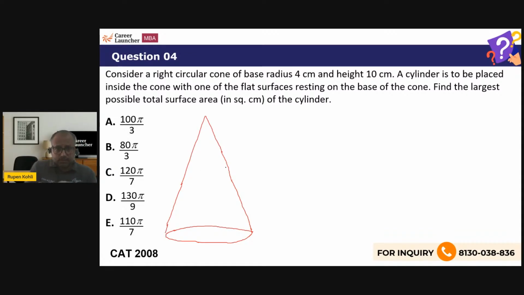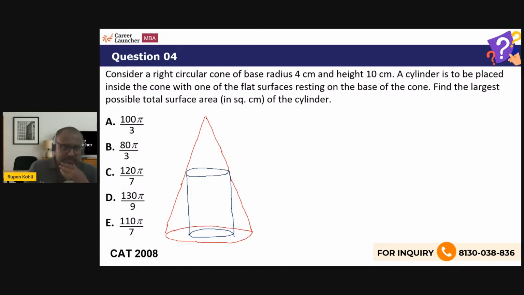The cylinder would be touching the cone from inside, but where I'm placing it can vary, so there'll be different such cylinders. We have to consider the one which will maximize the total surface area. Obviously, that's a question best left to algebra, right? We need to define the total surface area in terms of its parameters and then maximize that.